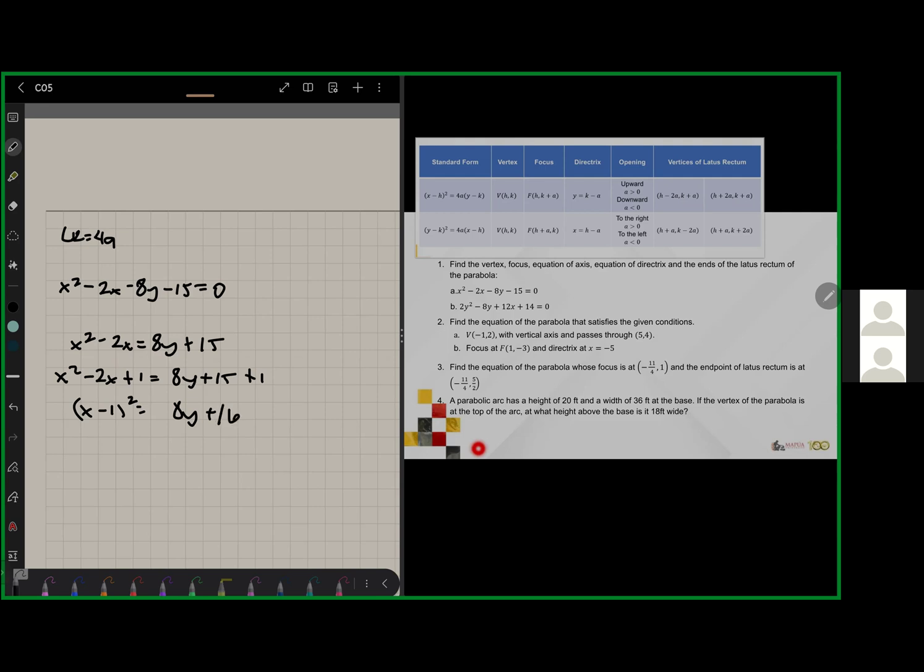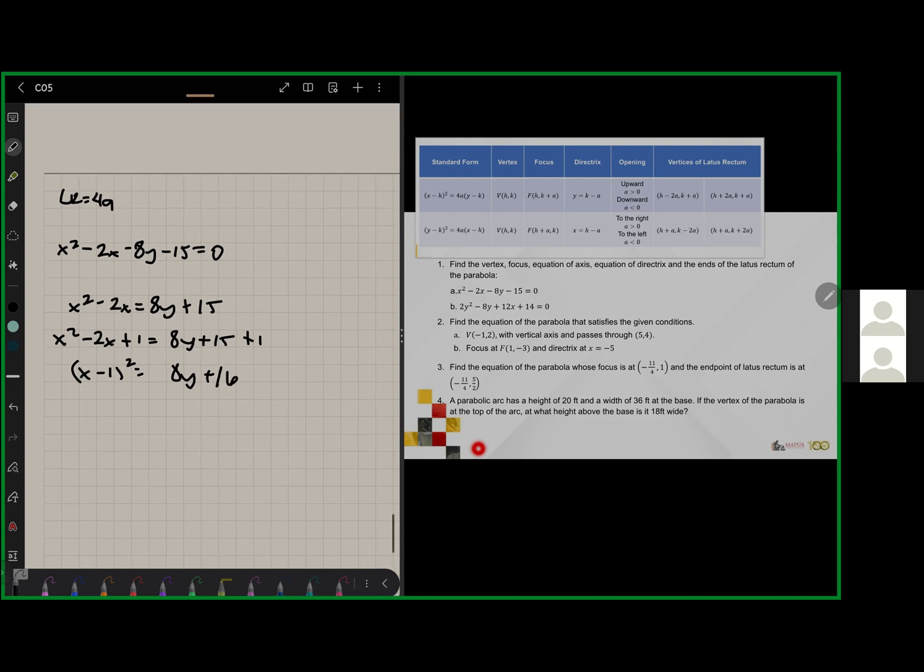We can further simplify the right side of our equation, giving us x minus 1 squared equals 8 times y plus 2.